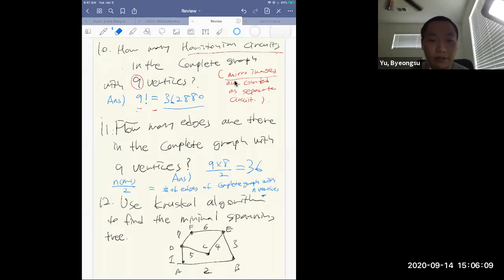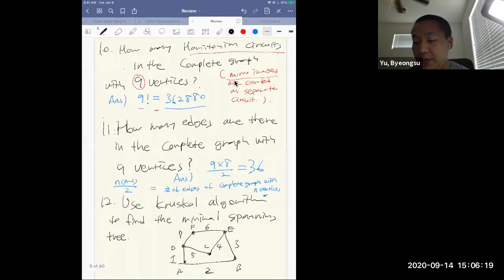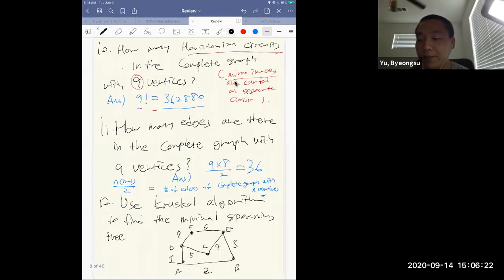Okay, and I think you're familiar with this. So let's deal with number 11. How many edges are there in the complete graph with 9 vertices?